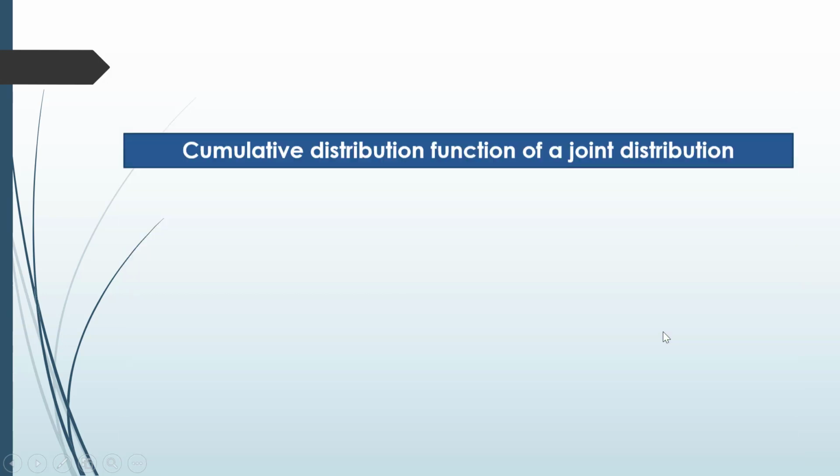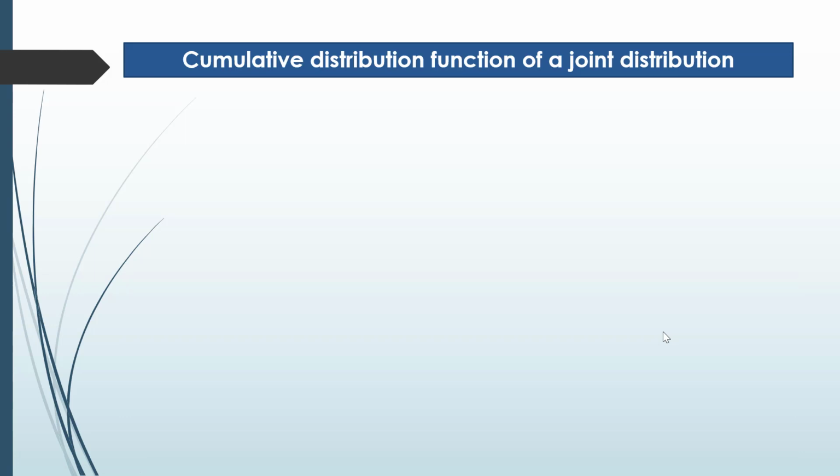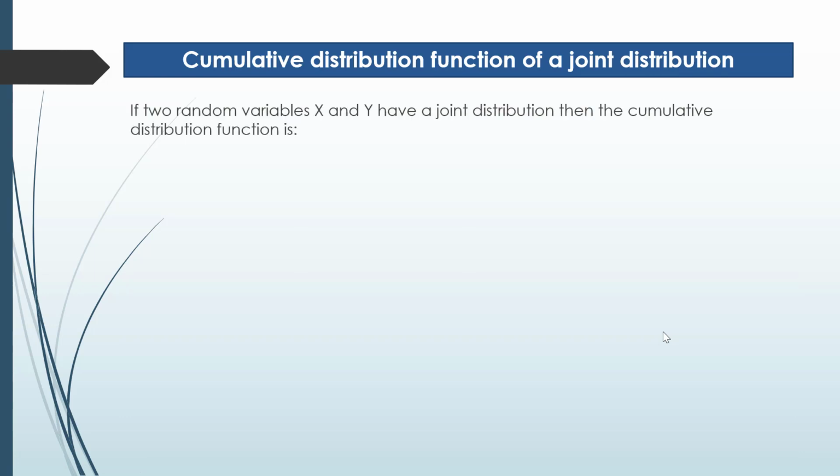So next, the cumulative distribution function of a joint distribution. If two random variables x and y have a joint distribution, then the cumulative distribution function is capital F of x, y at the point little x, little y is the probability that x less than or equal to x and y less than or equal to y.